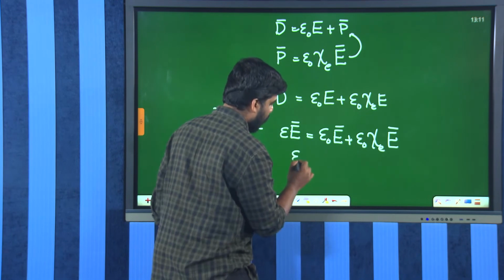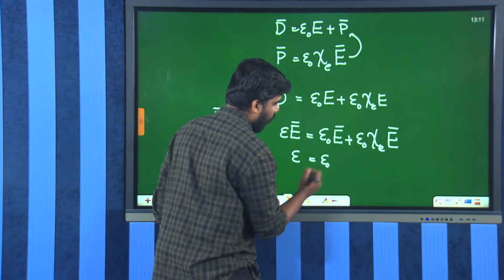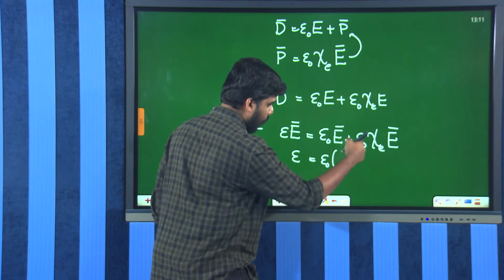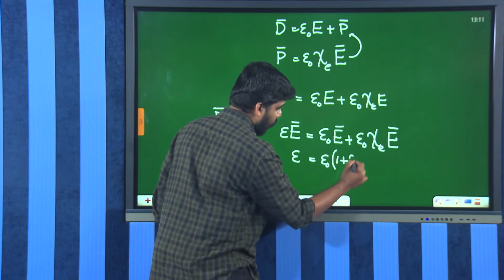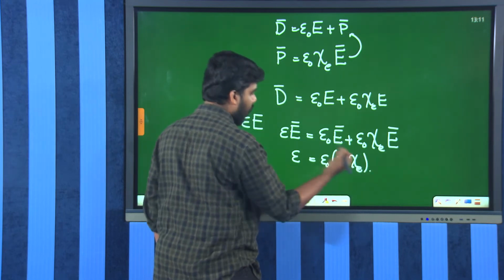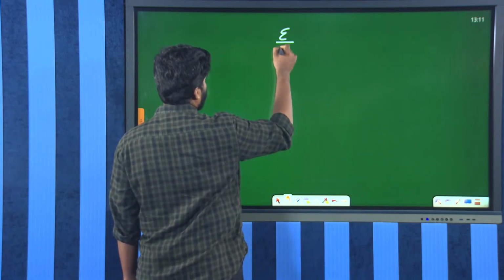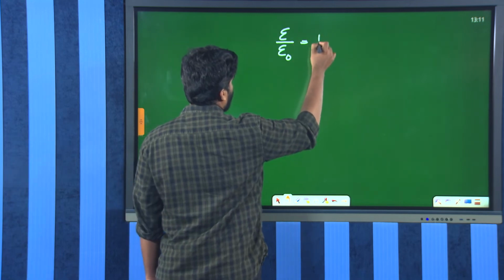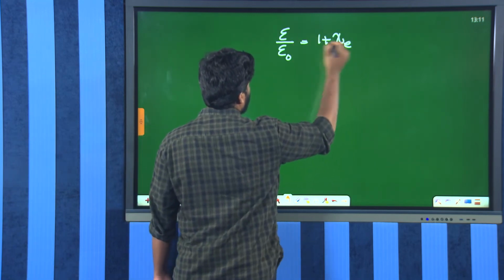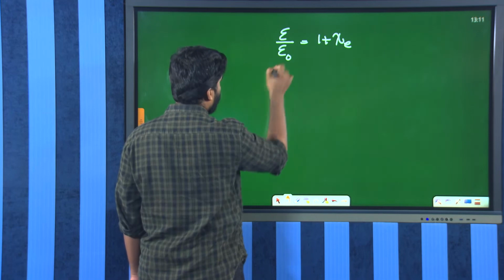Here this E is common, so we will get epsilon is equal to epsilon 0 into 1 plus chi E. And epsilon by epsilon 0 is equal to 1 plus chi E. What is epsilon by epsilon 0?